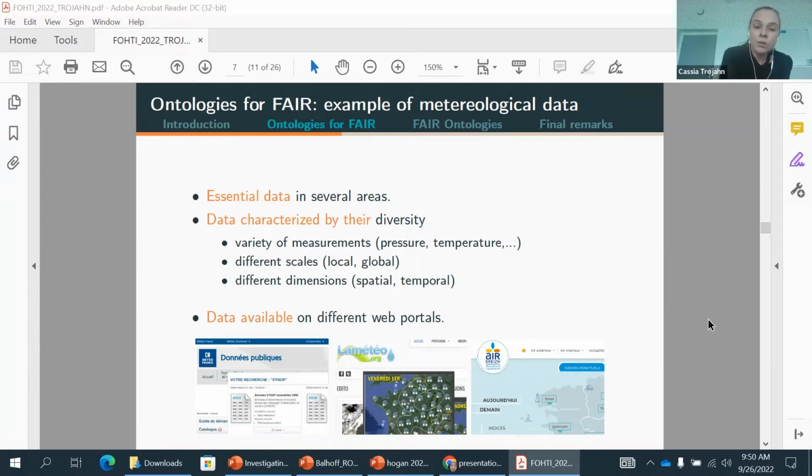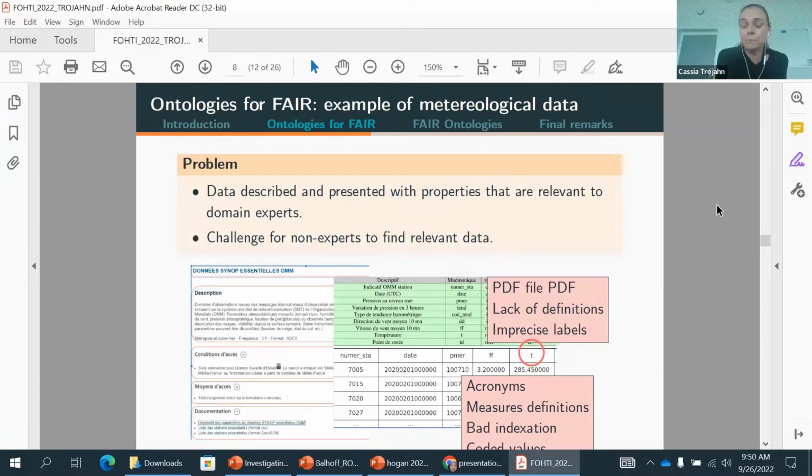And then if you go to the next slide, for example, just to give an example of data that is provided by Meteo France. This data is described with insufficient details. For example, it's a PDF.